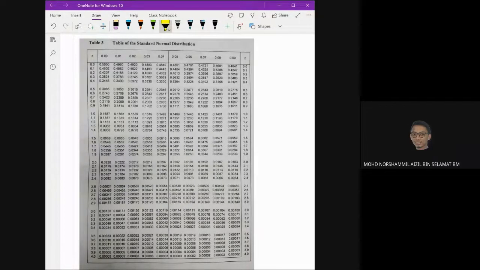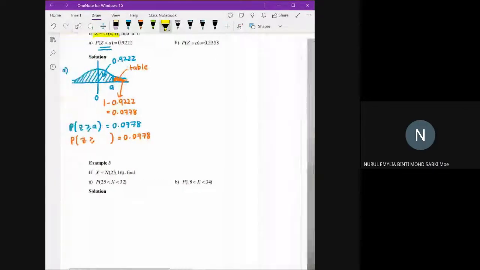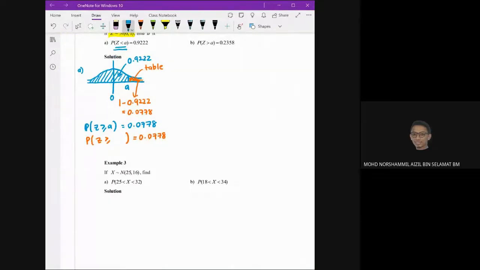You get it here, 1.4 plus 0.02, which is 1.42.